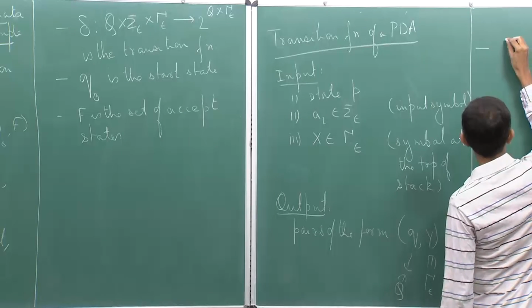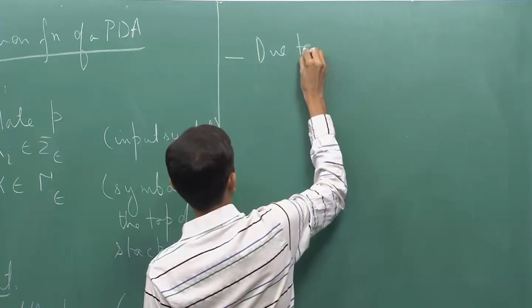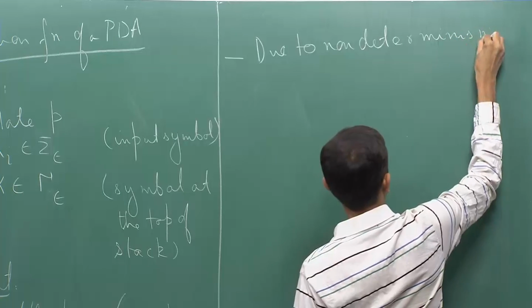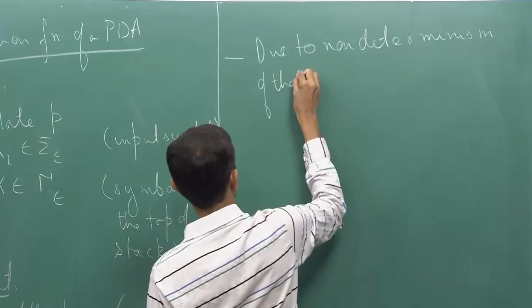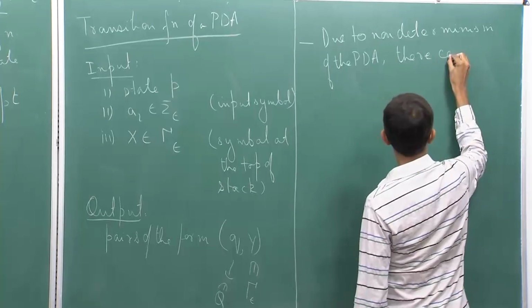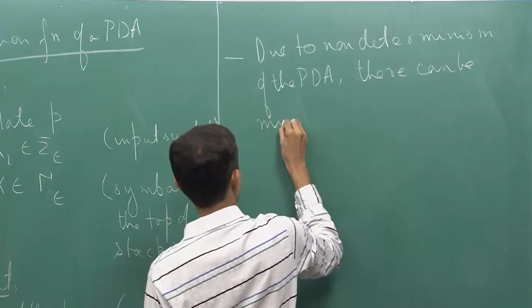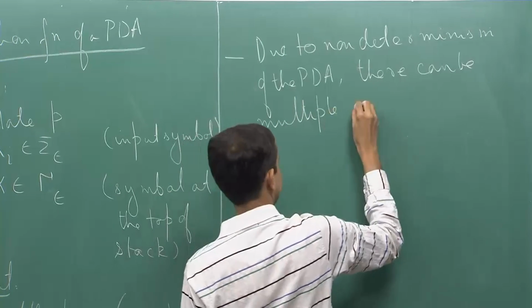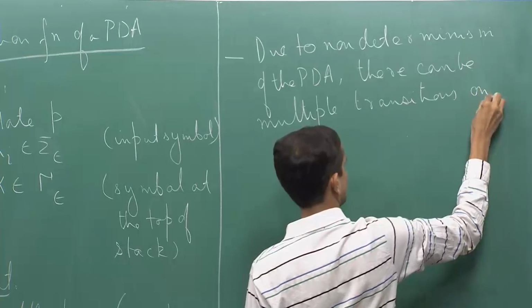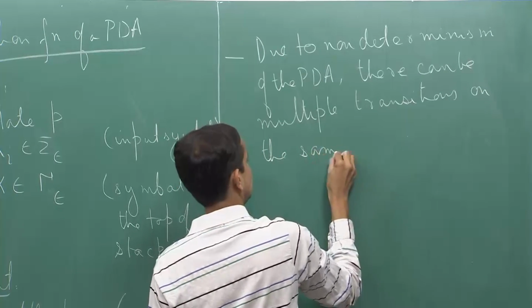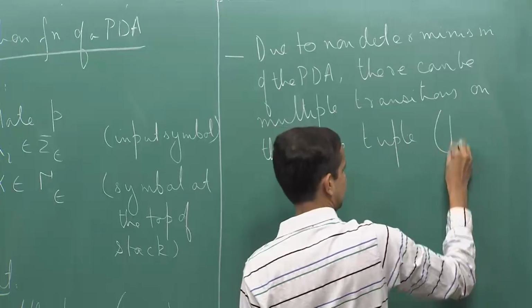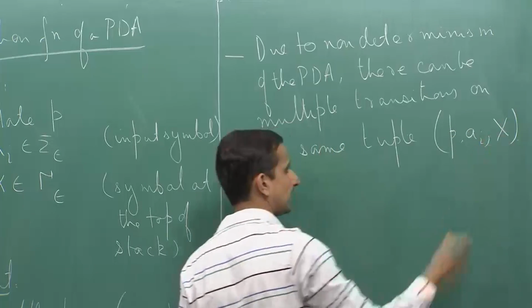Due to non-determinism of the push-down automata, there can be multiple transitions on the same tuple, let us say p, ai and x.